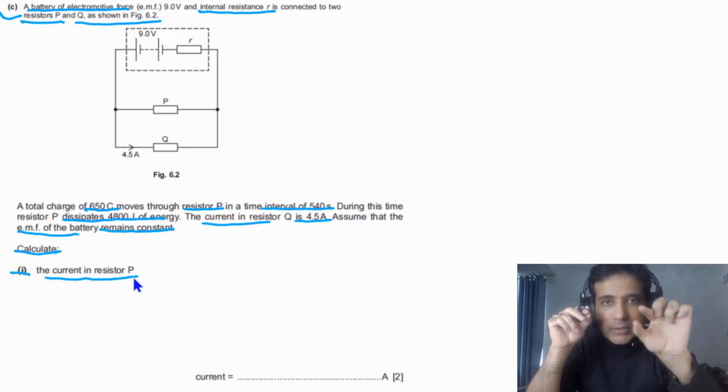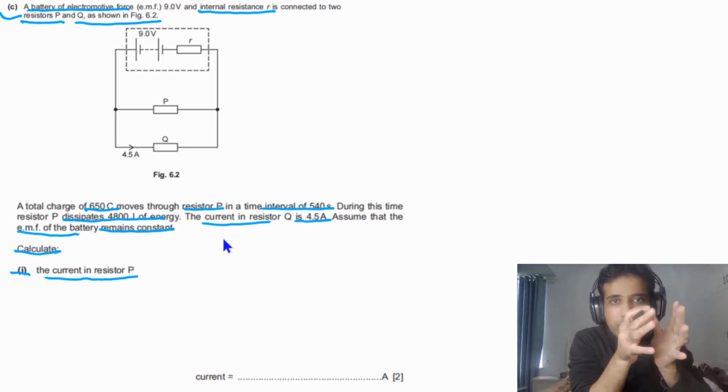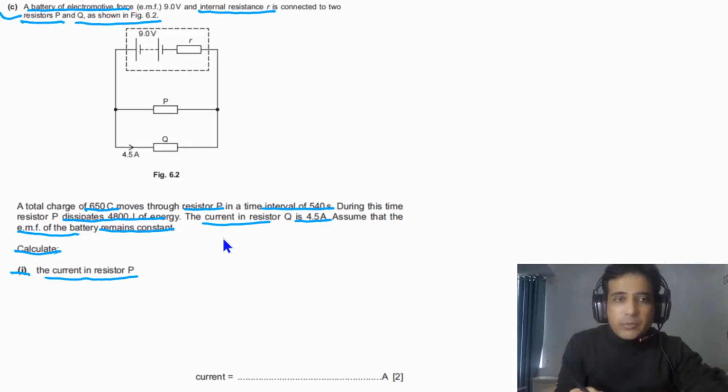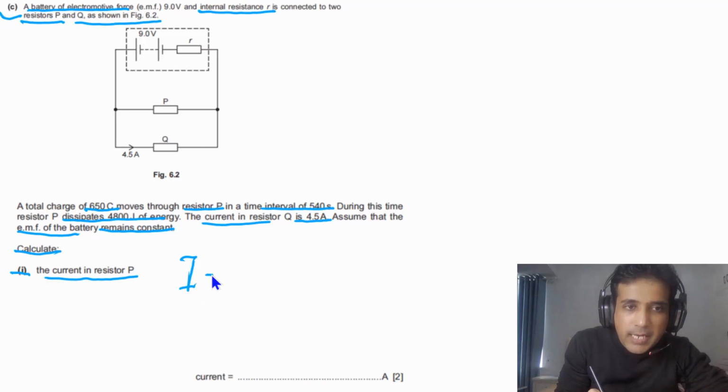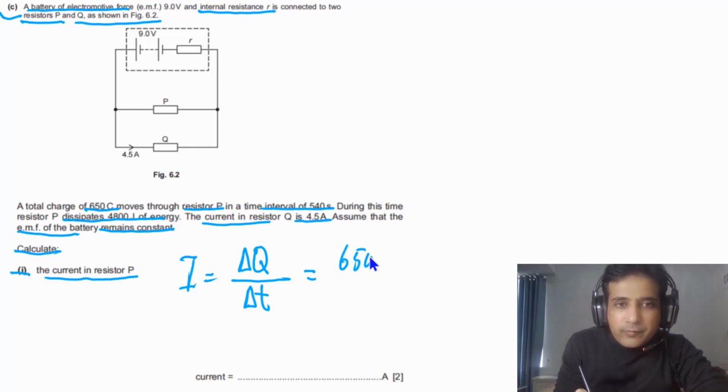In this case, the amount of charge passing through resistor P in a given time is given to us, so we can calculate the current. I is equal to delta Q over delta T. Delta Q is 650 coulombs, which is the amount of charge passing through resistor P in time 540 seconds.